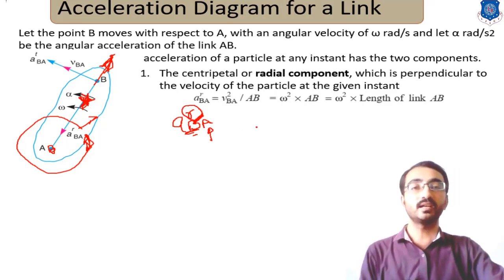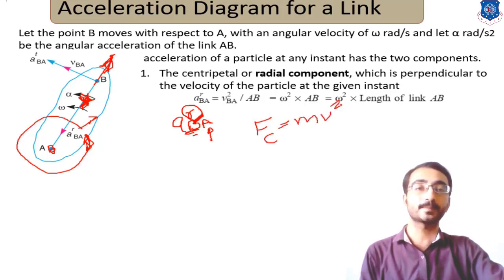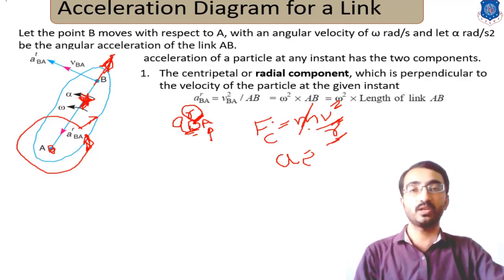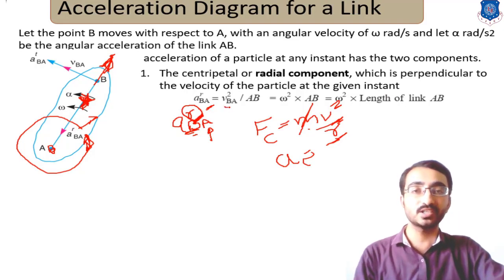Now if we consider the centrifugal force Fc, that is equal to mv square by R. If you want to calculate the acceleration component only, you have to eliminate the mass, so you will have the relation v square by R. So the radial component of acceleration is equal to v square by R, where R stands for radius, or the length of the link.